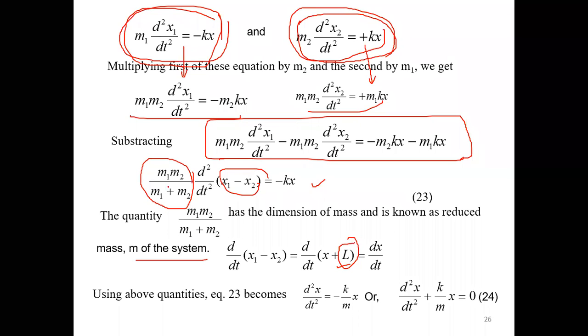So we can rewrite this equation as m d square x dt square equal to minus kx, or d square x dt square equal to minus k by m x. Here k by m is omega square, which is precisely the simple harmonic motion.